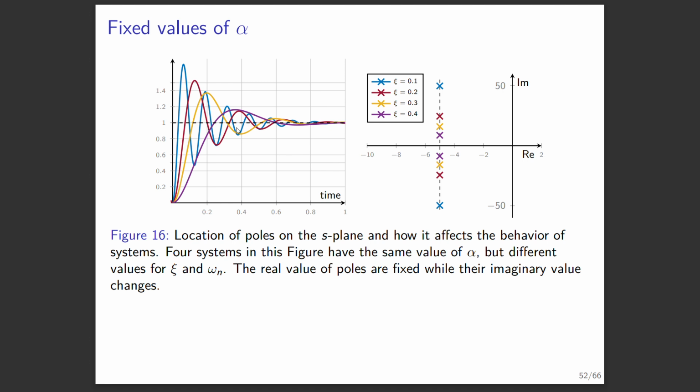Now, what is common in their time response? They seem to have different frequency of oscillations. They seem to also have different damping ratio, or overshoot percentage. So what do they have in common? Their step response behavior has the same envelope, right? They have the same envelope.